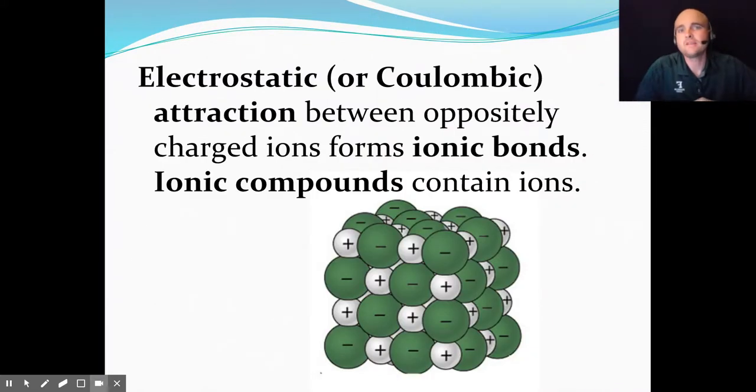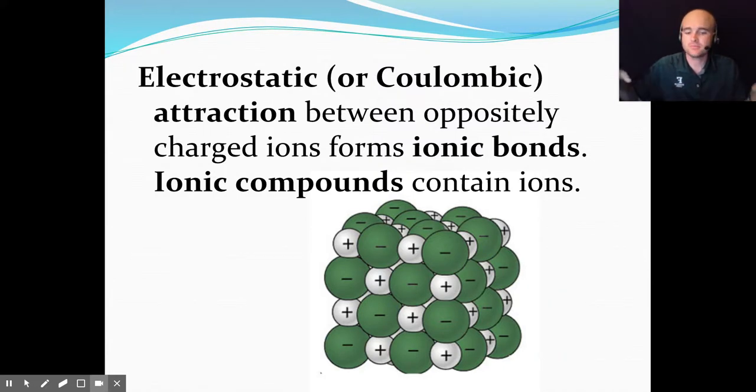When these ions are there, they will tend to attract to each other because opposite charges tend to attract. That has a special name called electrostatic or Coulombic attraction. There's a smart guy named Coulomb who came up with the idea that the distances between the molecules is related to their charges.